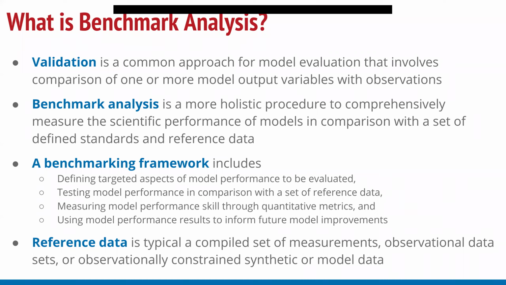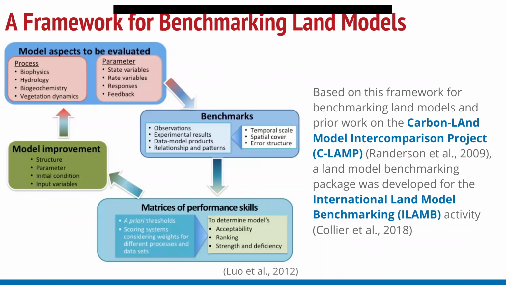A framework for benchmarking land models is shown in the figure at left, where the model aspects to be evaluated are identified. These may be processes such as biophysics, hydrology, biogeochemistry, vegetation dynamics, or individual parameters, state variables, rate variables, fluxes, responses, feedbacks, etc. And then in the next box, we define benchmarks.